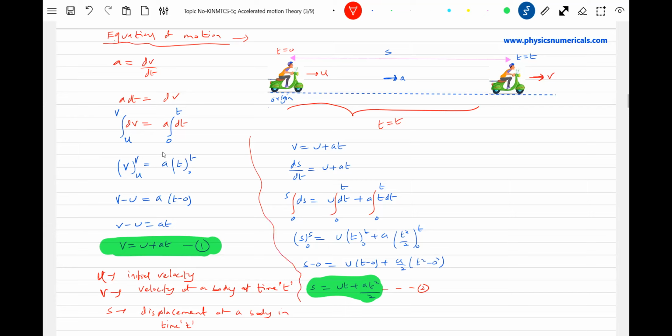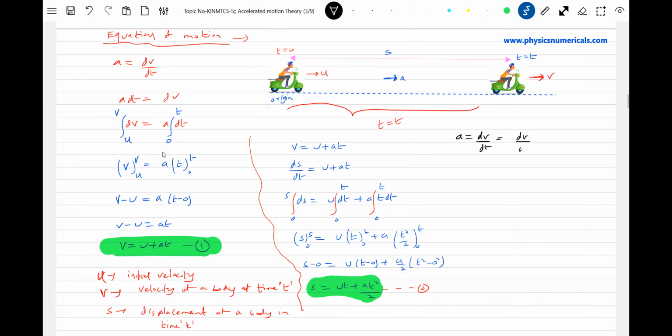Fine. The last equation we will search for is how the final velocity v, initial velocity u, acceleration a and displacement s are related. So let's try to get one more relationship. Acceleration I can also write as a equal to dv by dt.